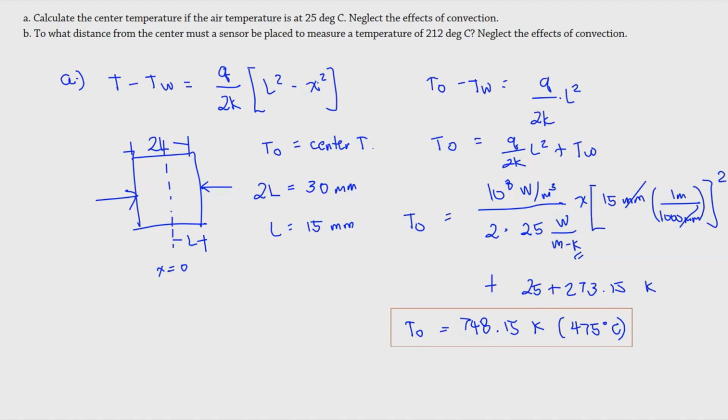So for letter B, it says here that we'll be adding something like a sensor here. We'll be putting a temperature sensor here, and this temperature sensor needs to measure 212 degrees Celsius.